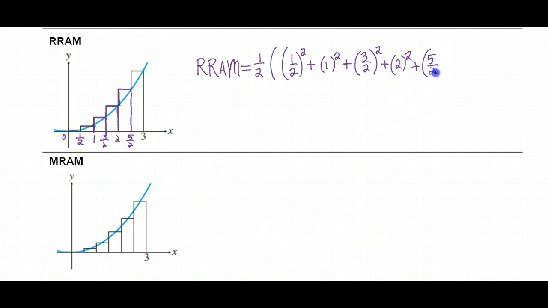And this time we do use the 3, because look where 3 hits right there. That's the height of my last rectangle. 3 squared is the height. So this is really not much different than the previous one. It's just that we didn't count the first one, but we counted the last one.